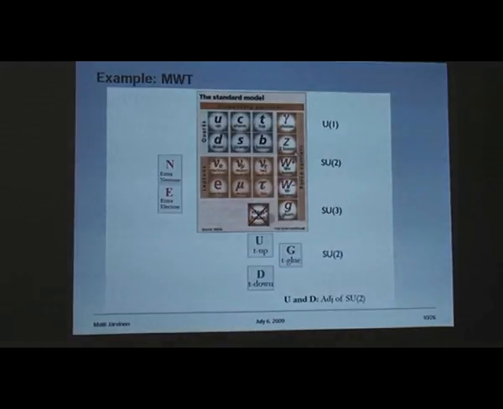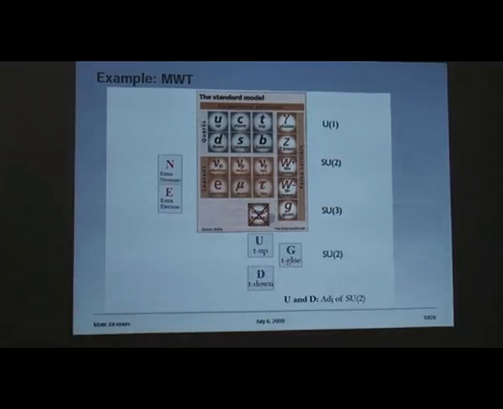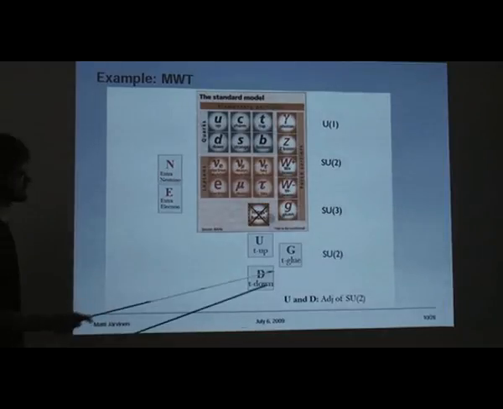Just to remind you of the structure of the theory: you take the standard model and replace the Higgs by two flavors which transform in the adjoint of SU(2), which is the technicolor gauge group. What I didn't tell you before is that if you only add this, you have a problem because the theory is anomalous. It has the Witten anomaly because there is an odd number of fermions doublets under the electroweak SU(2).